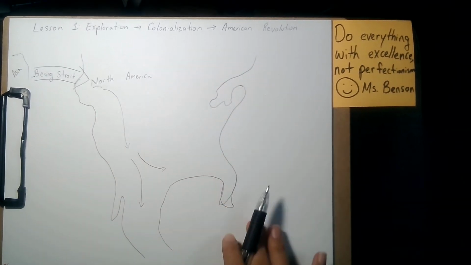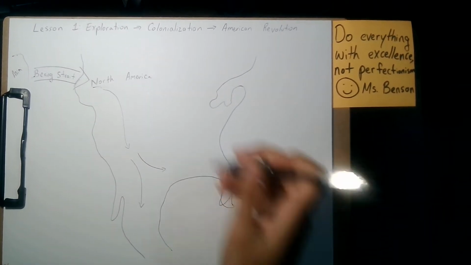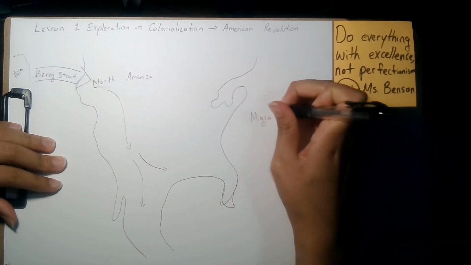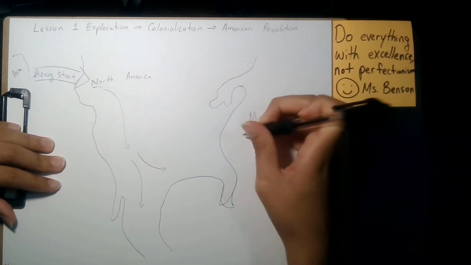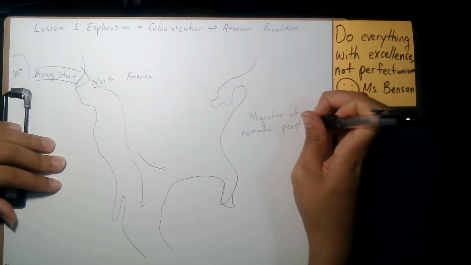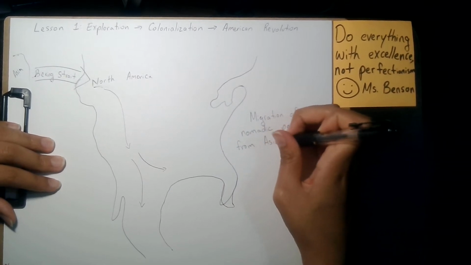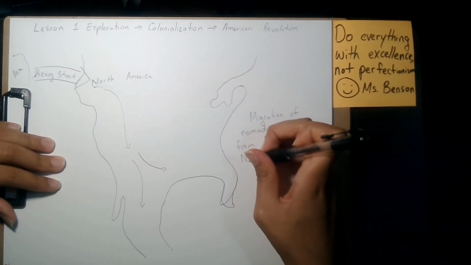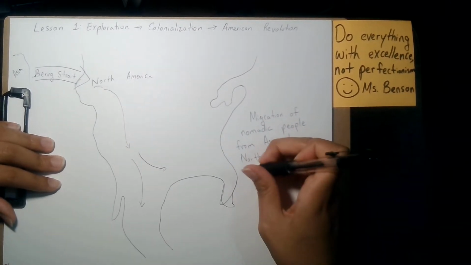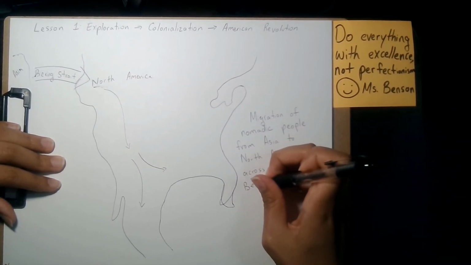Okay, so let's put a timeline here. So this was before. So this was the migration of nomadic people from Asia to North America, across the Bering Strait.